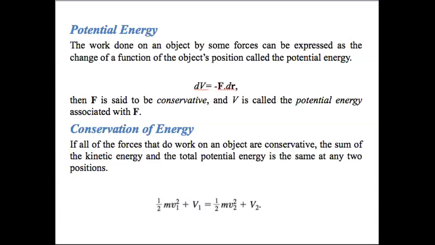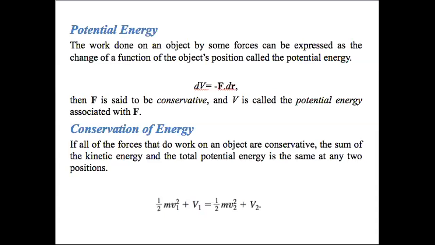If all of the forces that do work on an object are conservative, the sum of the kinetic energy and the total potential energy is the same at any two positions. For example, if the kinetic energy increases as the object moves from position 1 to position 2, the function V, or potential energy, must decrease, and vice versa.